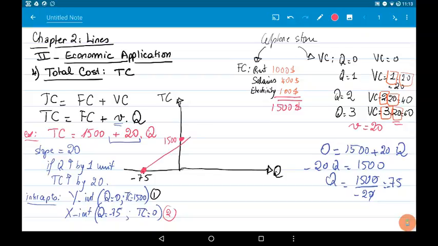We join these 2 points. And this is the total cost function. As you can see, there's a positive relation between the two variables, Q and TC, since the line is upward sloping. The slope is positive. If Q increases, TC increases.